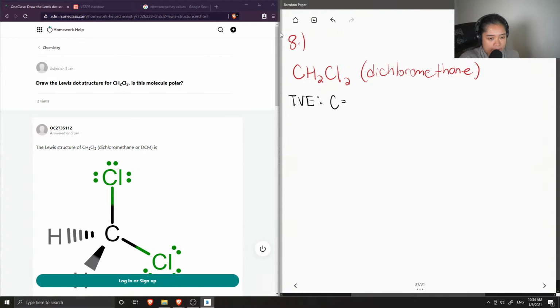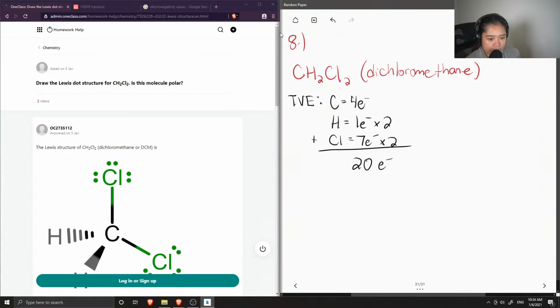We have carbon, which has 4 valence electrons, hydrogen, which has 1, and there are 2 hydrogen atoms, and lastly, chlorine has 7, and there are also 2 chlorine atoms, so we multiply those by 2. If we add it all up, we have 4 plus 2, which is 6, plus 14, so there are 20 electrons in dichloromethane.